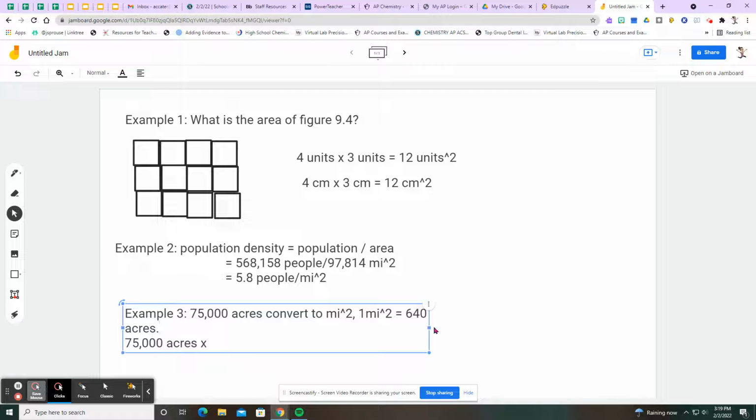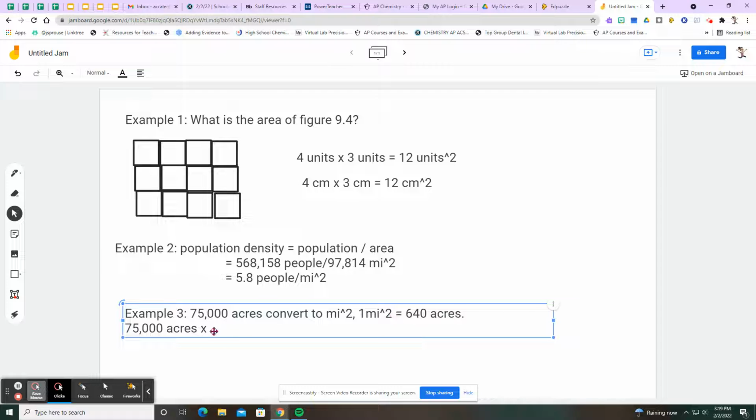Okay. So then what we're going to do is, again, just set up our unit multiplier. The mile squared is going to go in the numerator, on the top, and the acres are going to go in the bottom. They go in the bottom because I want to be able to cancel out the acres.